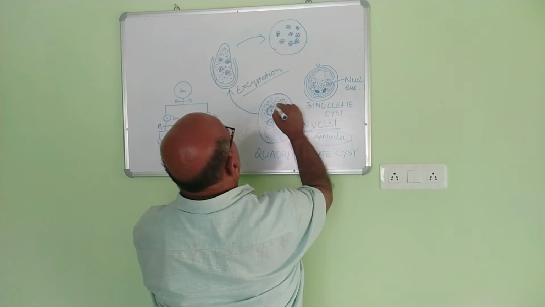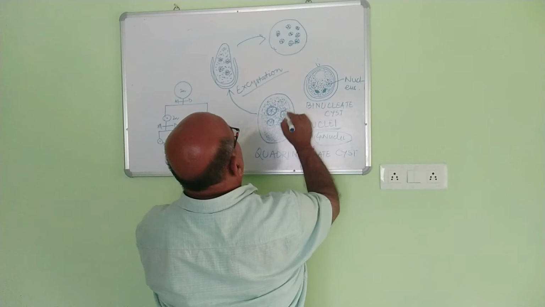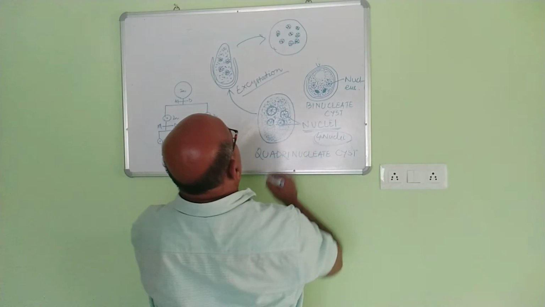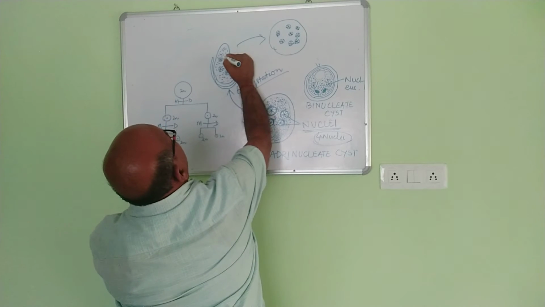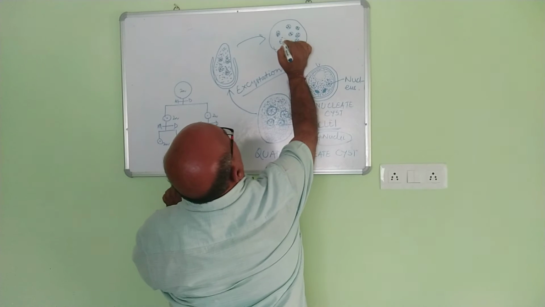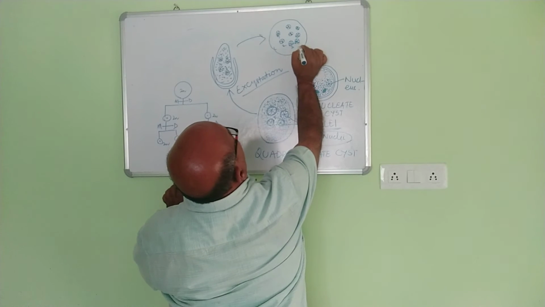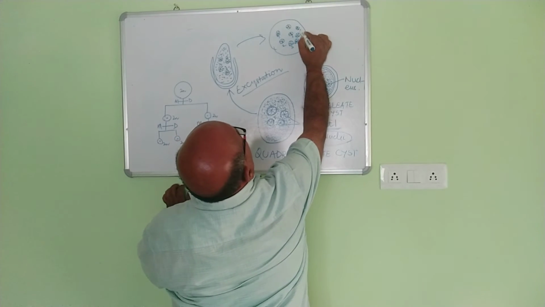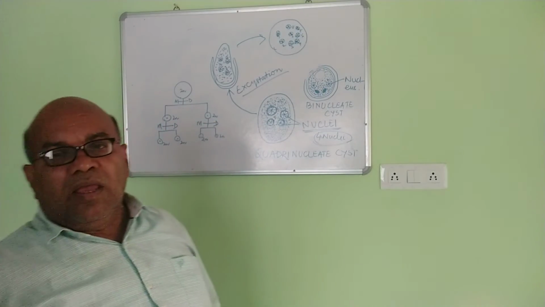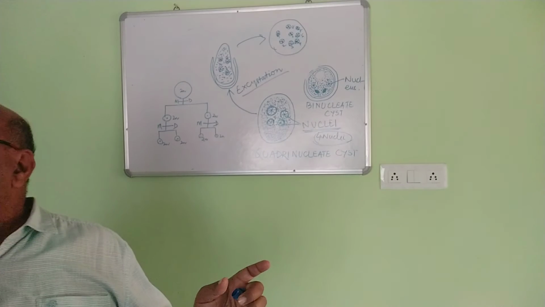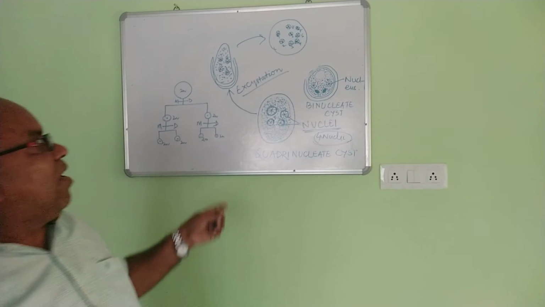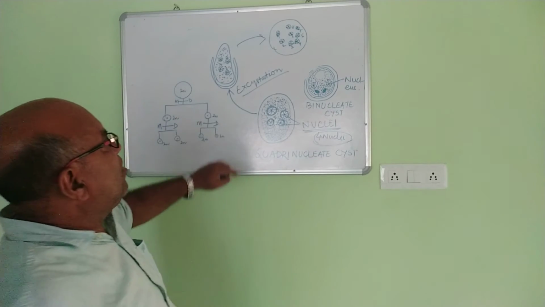Here you find one, two, three, and four. But in here you find the same one, two, three, four. But here you find one, two, three, four, five, six, seven, eight. Eight nuclei are generally formed from the four daughter nuclei.